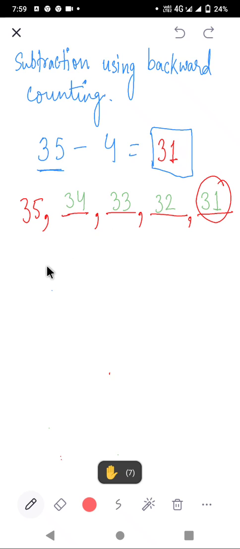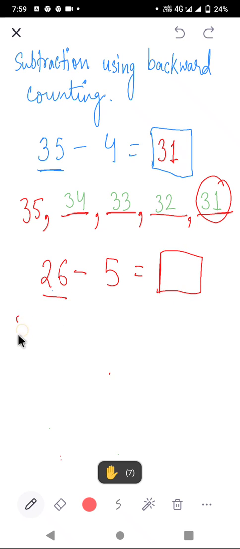Let's take another example. Here we have 26 and we have to subtract 5 from it. The bigger number is 26 here. So how many times do we have to count backward? 5 times. 5 places we have to fill here.